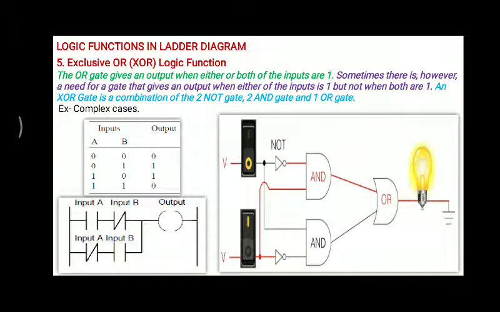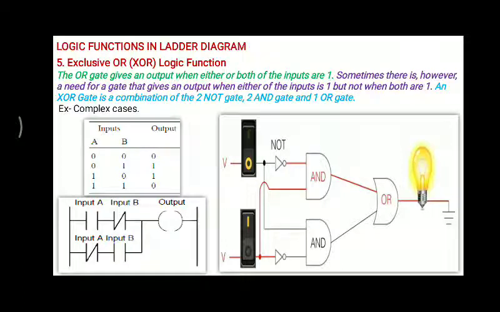Next is exclusive OR, or another name is the XOR logic function. The OR gate gives an output when either or both of the inputs are on. So just to remember the OR gate, what is important?